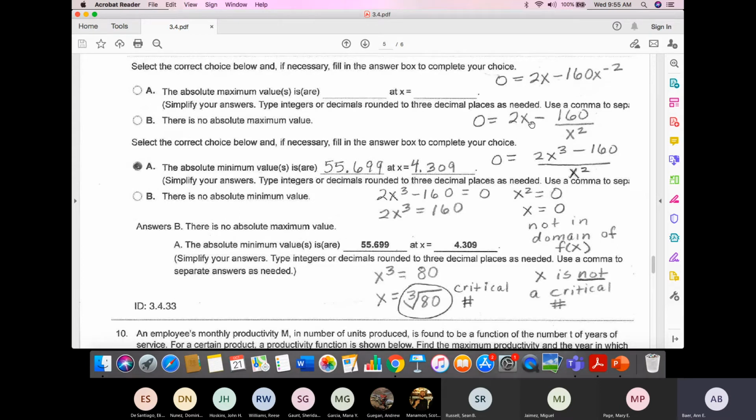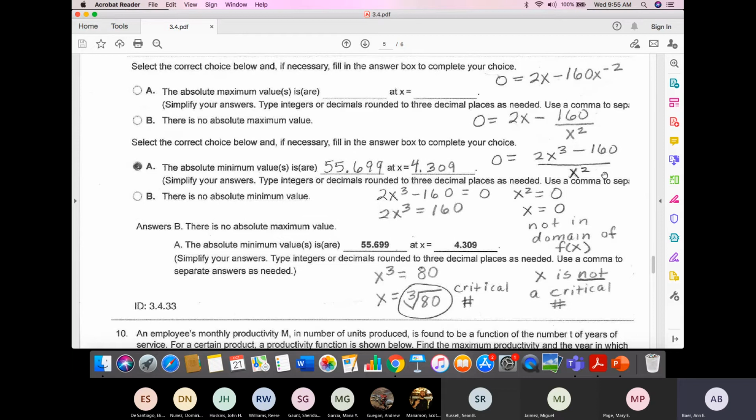That gives me 2x times x squared. So now we have x cubed, because we have x to the first times x squared. We have like bases multiplied together, so you add the exponents: 1 plus 2, which is 3. And then there's an x squared down below. Since we have a common denominator, we can add the numerators. So we get 2x cubed minus 160 all over x squared. That's where I went with that.